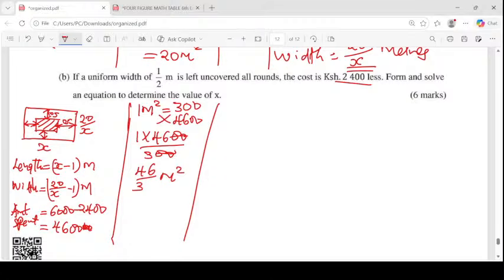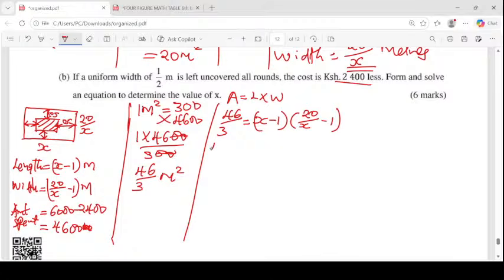And how do you get the area? Area is usually given by length times width. The area, which is 46 over 3, will be given by the length, which is x minus 1 multiplied by the width of 20 over x minus 1.